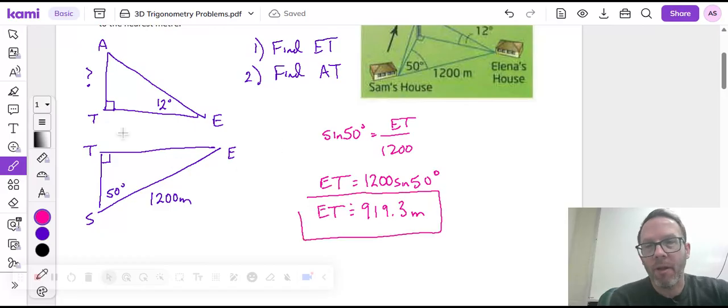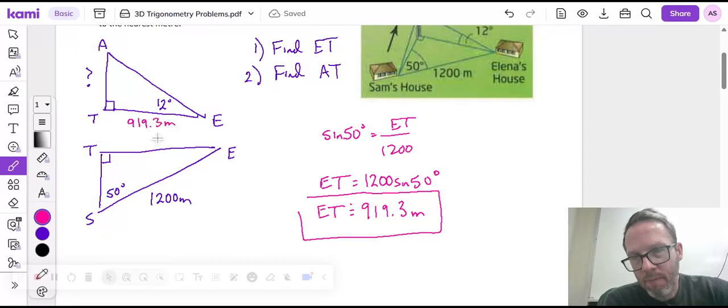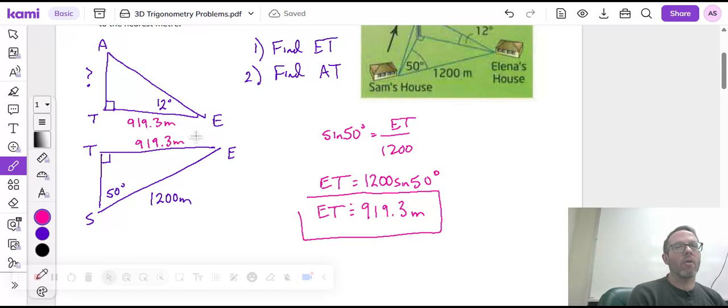And then to wrap things up, I might add that to my diagram here. And now I can see that's the adjacent side in that upper triangle with the 12 degrees. I'm looking for the opposite.